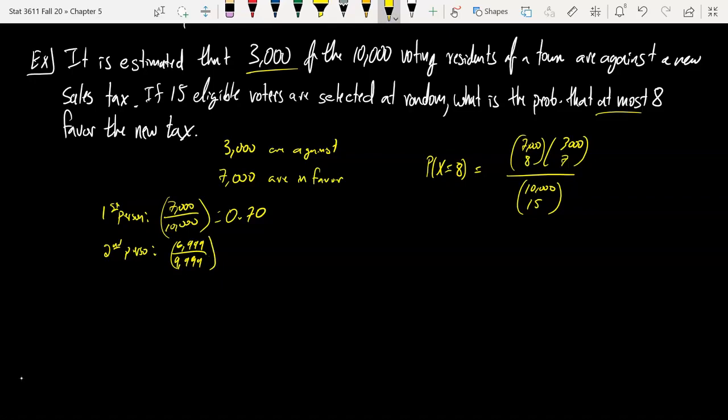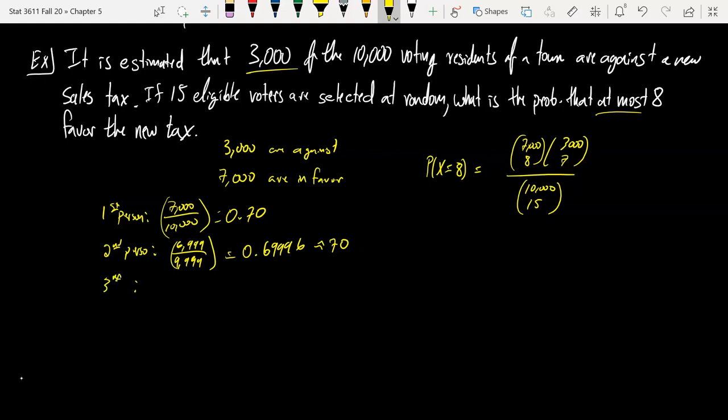So what is 6,999 divided by 9,999? That is basically 70%, right? This is 0.69996. That's basically 70%.